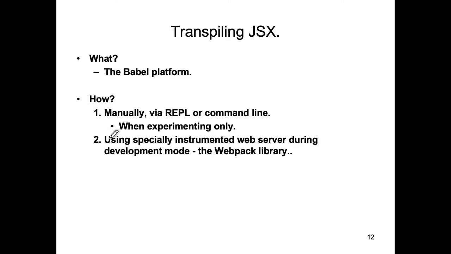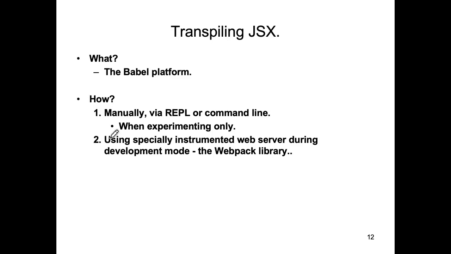So imagine the Go Live server, and imagine I'm writing my JSX code in a file, and every time I save that file, it would be great if the Go Live server picked up the fact that I'd made a change to it, transpiled it into plain old JavaScript and sent it down to the browser automatically for us.